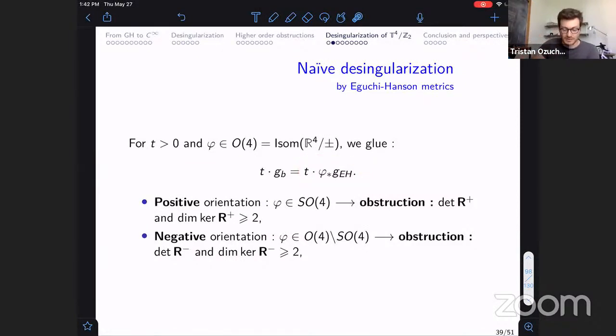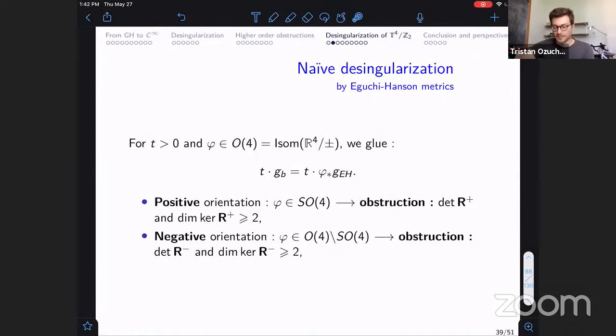So I just rescale them by a factor t, and I rotate them by some phi, which is an element of O(4). And if phi is in SO(4), I'll say that this is a positive orientation, and this yields obstructions on the self-dual part of the curvature. And if this is in the other orientation, then the obstructions are on the anti-self-dual part of the curvature.